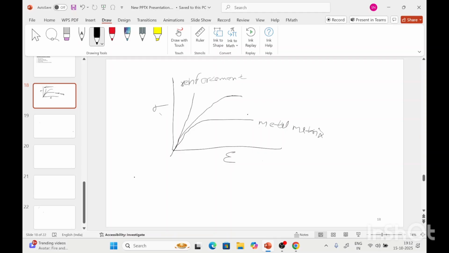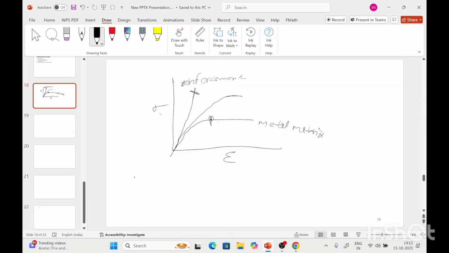If we deform the composite, the metal matrix is already deformed before the reinforcement particle breaks. So this is the flow stress when the reinforcement has not reached its fracture point.